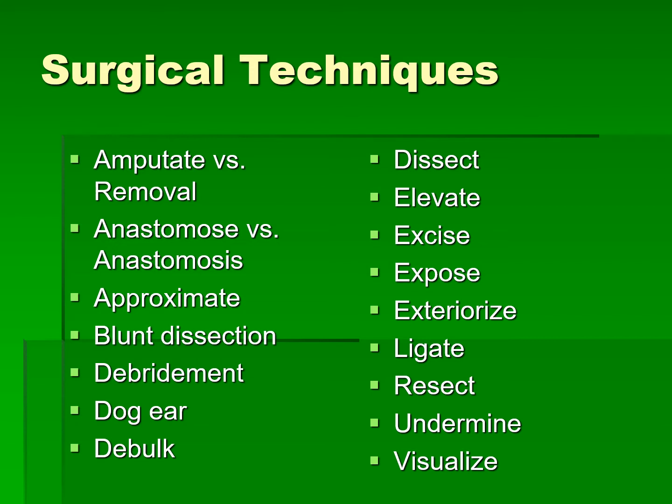The difference between anastomose and anastomosis. So remember, an anastomosis, or to anastomose something. Anastomose is a verb. Anastomosis is the noun form. But this occurs when we have some sort of tubular structure, like the intestine is a good example.